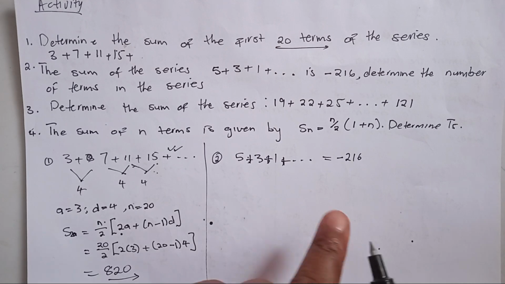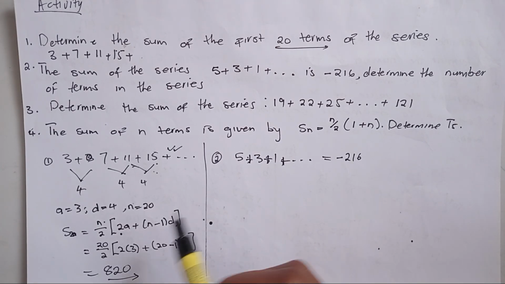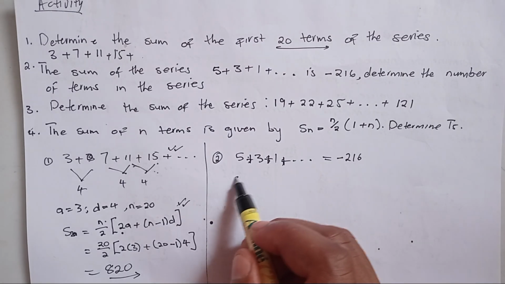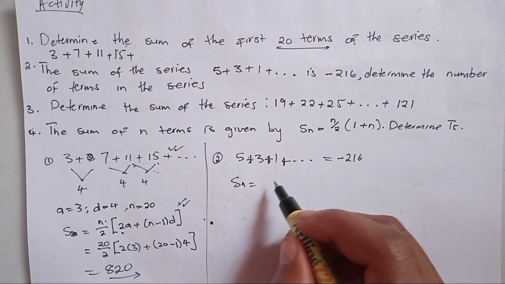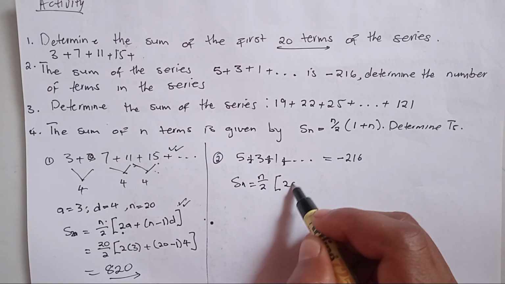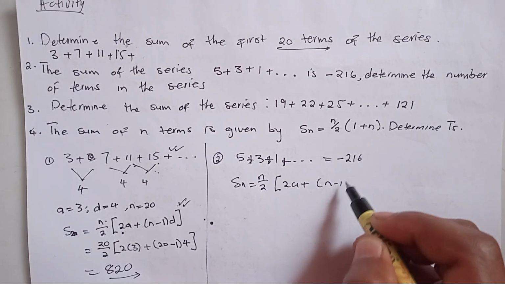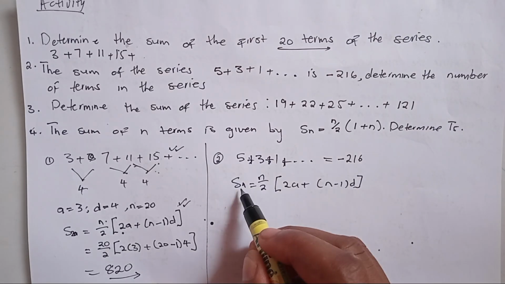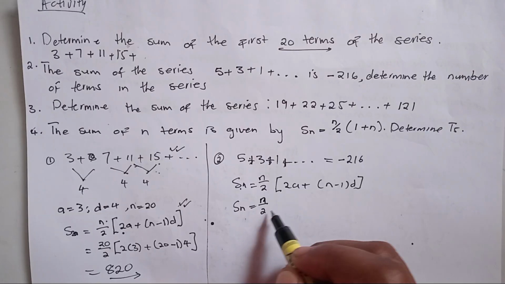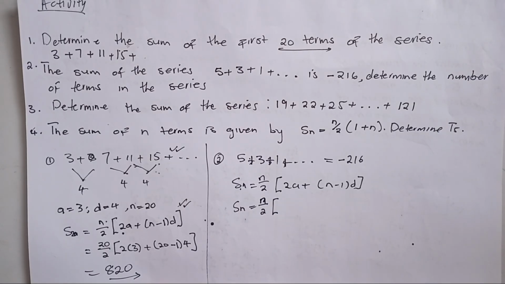What are you going to do first? You're going to use this formula and get Sn. So Sn is equivalent to, the formula says, n over 2 into 2a plus n minus 1 d. We are looking for n, guys.